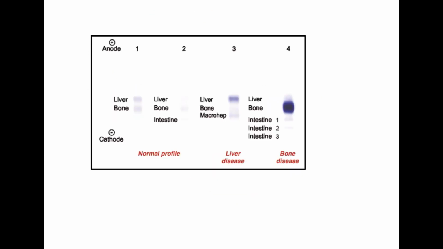So here's an example. You see a normal profile here. The sample is applied somewhere on this side of the gel, and then it's run in that instrument. And you see a normal profile: hardly any intestinal band, a relatively visible bone band, and then the one from the liver. And here in patient number 3, you see a very strong liver band, showing the person has liver cells that are being damaged or destroyed, some sort of liver disease.